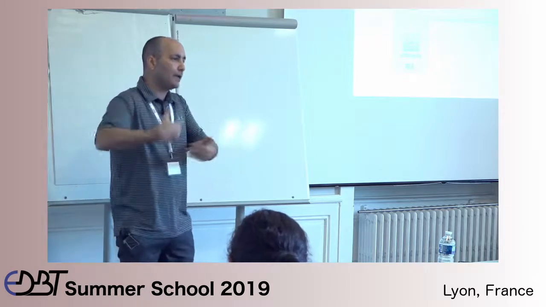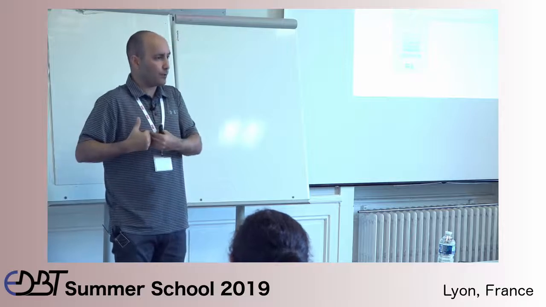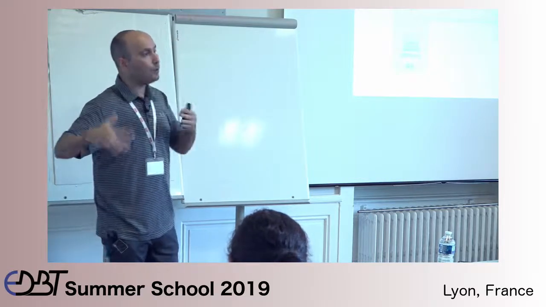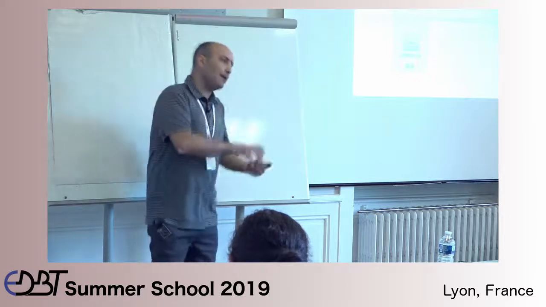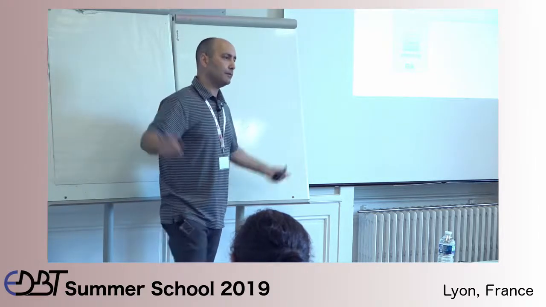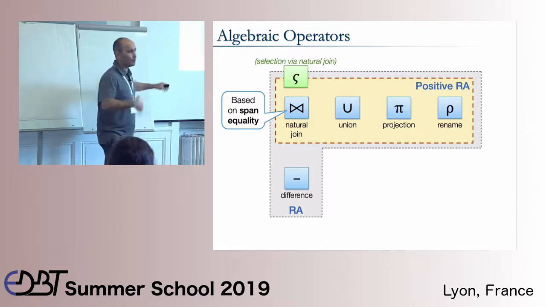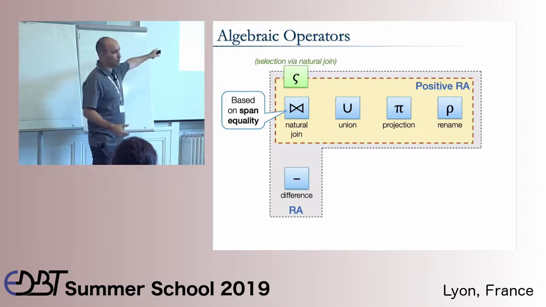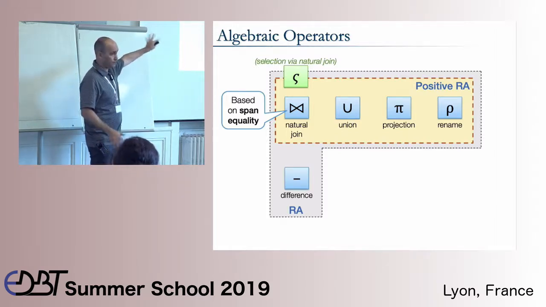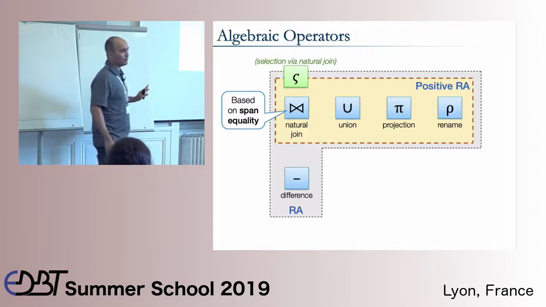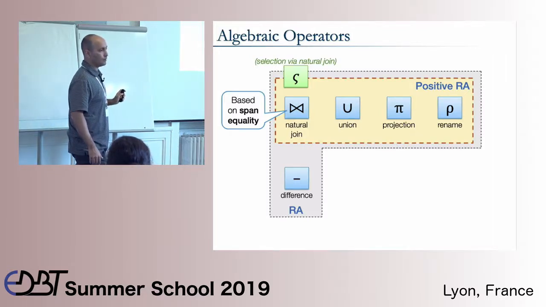Because these are not given relations but relations that we encode, we can incorporate the condition there and then apply the natural join. So this gives us the selection. In the papers we do mention selection, but here it's simpler, and presenting it in this way has the same expressiveness.